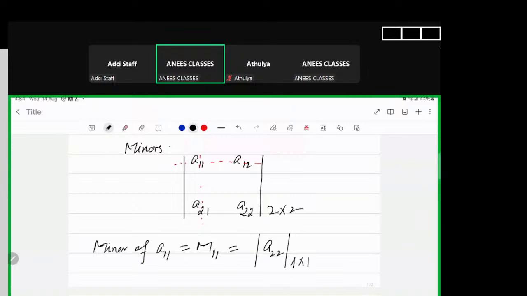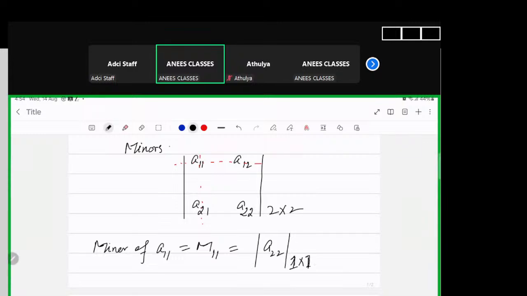Horizontal elements form the rows and vertical elements form the columns. Understood, everyone? I have limited time.